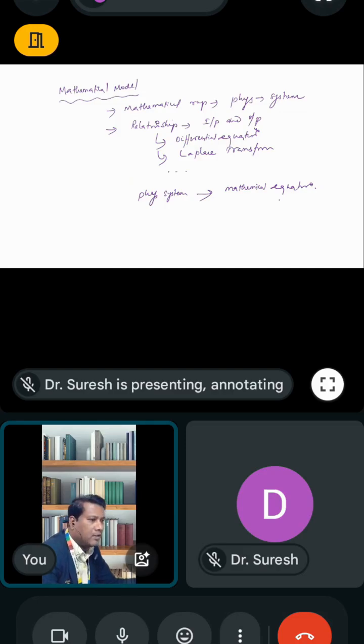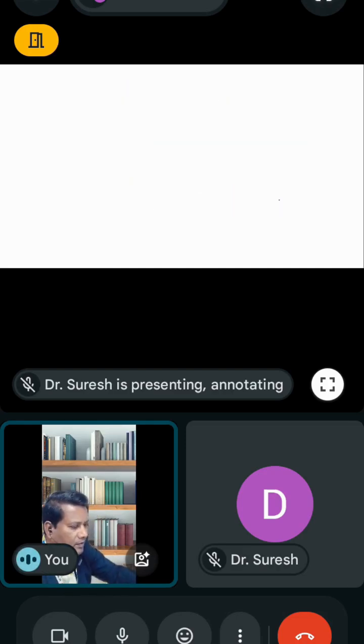For that we need the transfer function. What does transfer function mean?